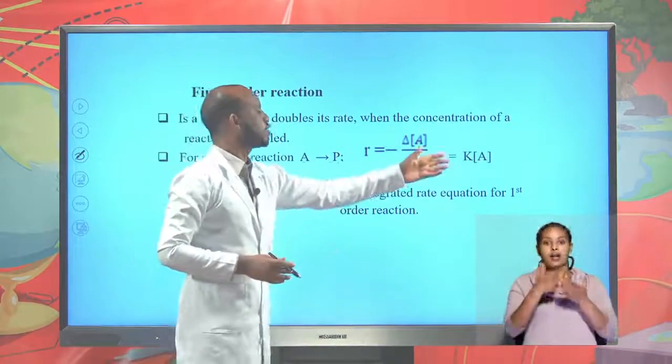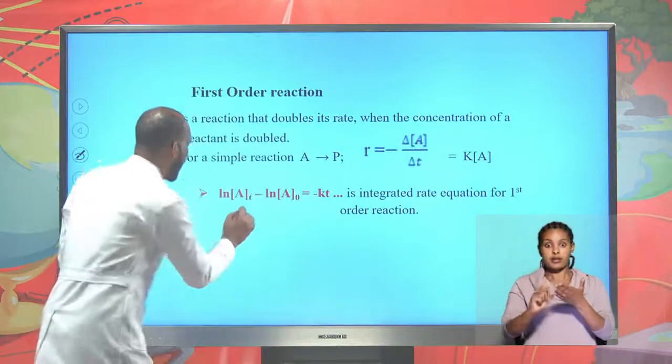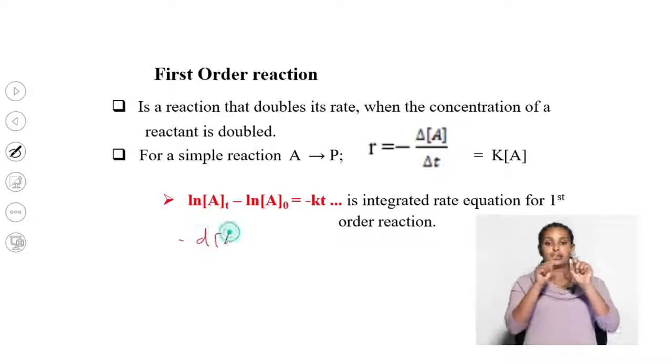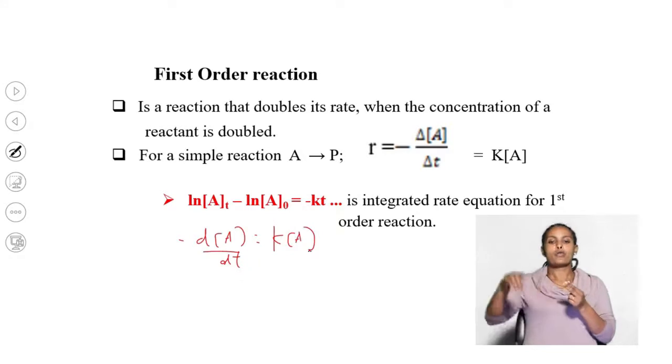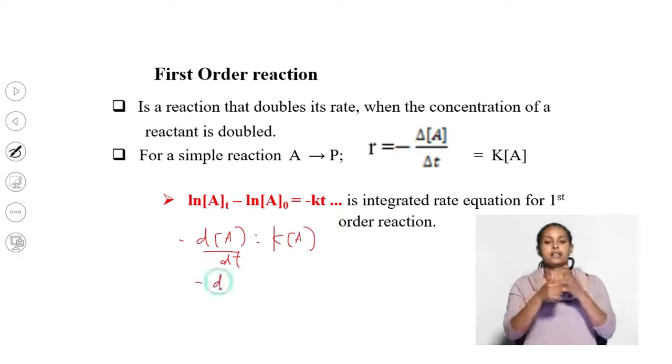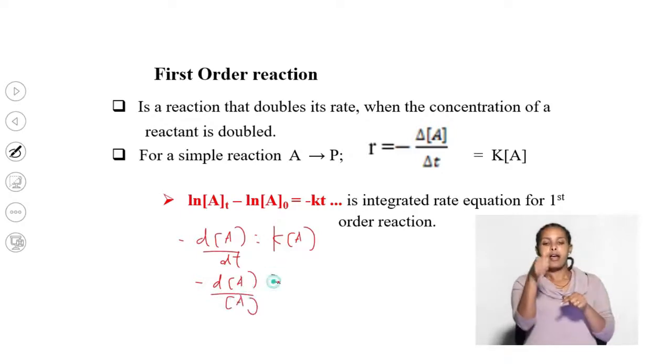Using calculus, we can write this as minus d[A]/dt equals k times [A] to the power 1. Rearranging, minus d[A] divided by [A] equals k times dt.